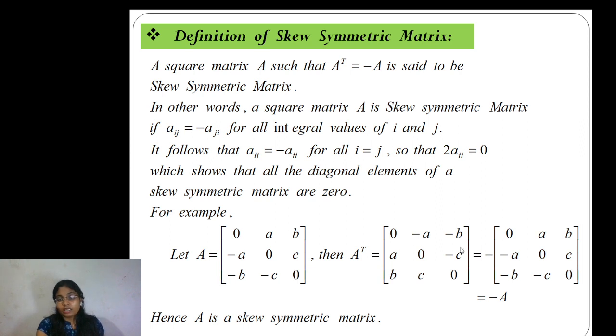In a matrix, we take minus common from each element, so taking minus common gives 0 A B, minus A 0 C, minus B minus C 0. This is the capital A, the given matrix. So A transpose equals minus capital A, so A is a skew symmetric matrix. Skew symmetric matrix means A transpose equals minus A. Symmetric matrix means A transpose equals capital A. Okay.